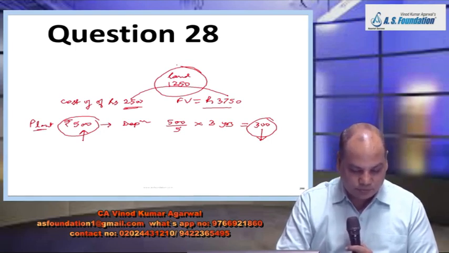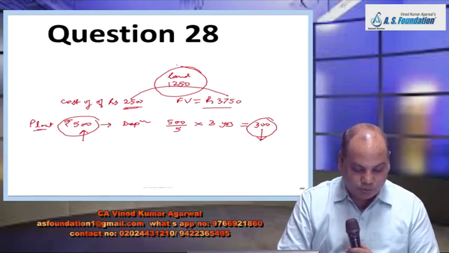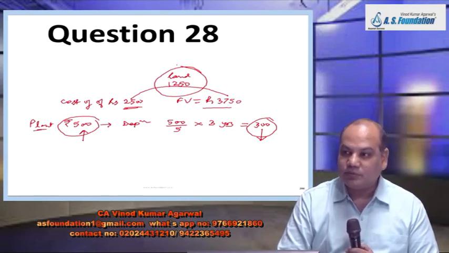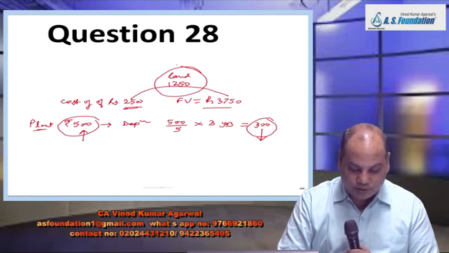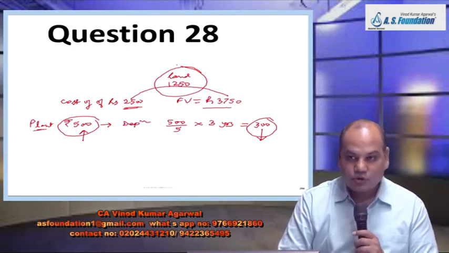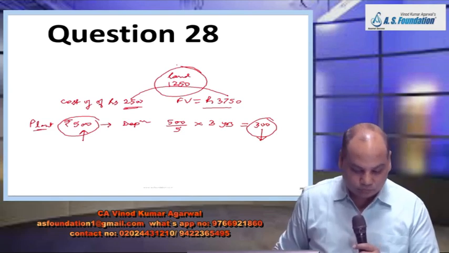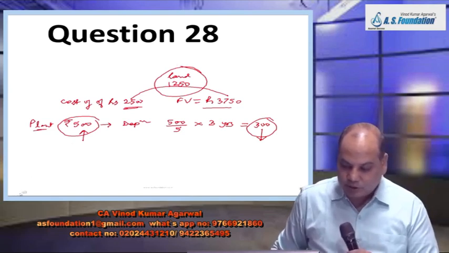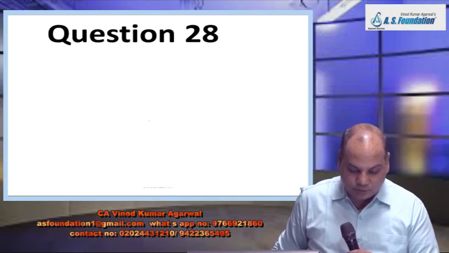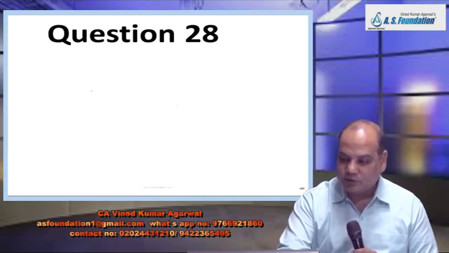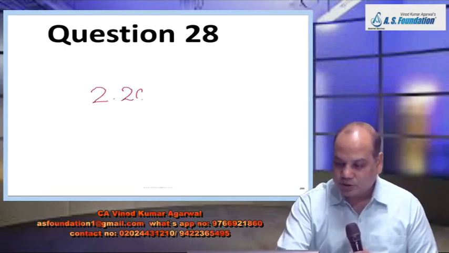Point number 4. The P group uses the fair value method of valuing the NCI. For this purpose, the subsidiary share price at the date of acquisition should be used. The subsidiary share price at the date of acquisition was 2.20 per share.